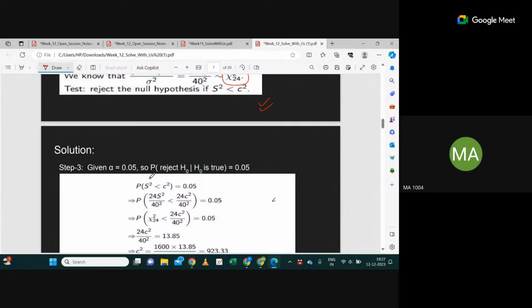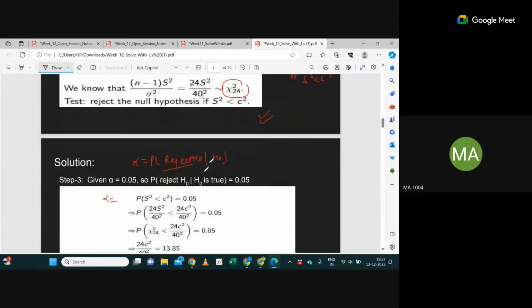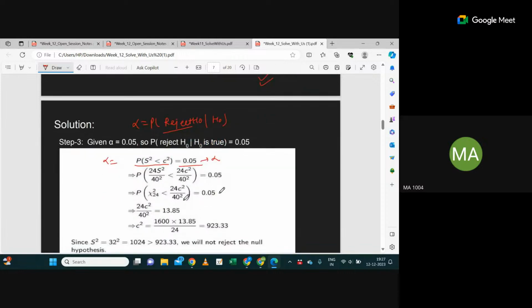We have to proceed with alpha. What is alpha? Alpha is the probability of rejecting H naught when H naught is true. We have decided to reject H naught when S square is less than C square, so the probability that S square is less than C square, given that sigma is 40, is alpha.